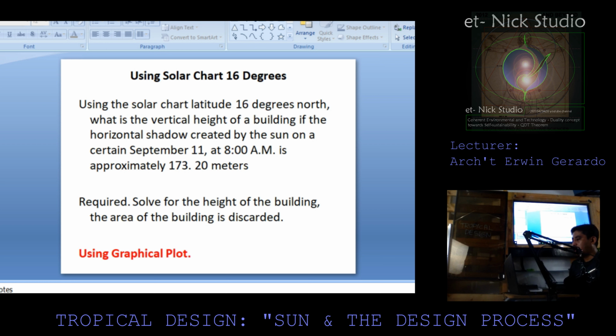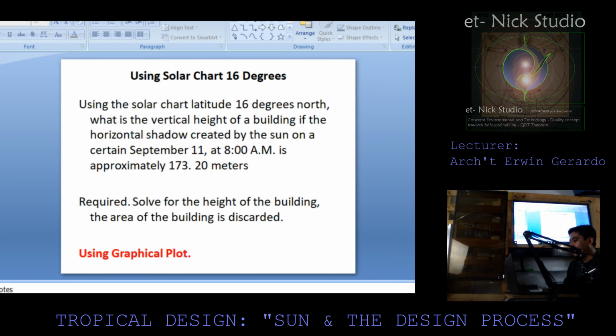So presuming that our site is located at 16 degrees north, using the solar chart latitude 16 degrees north, what is the vertical height of a building if the horizontal shadow created by the sun on a certain September 11 at 8 o'clock a.m. is approximately 173.20 meters?